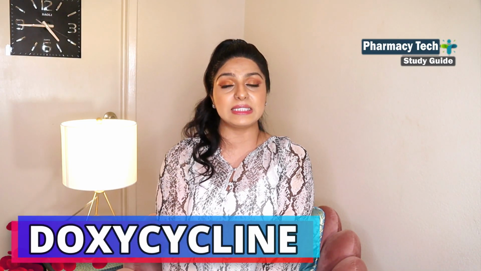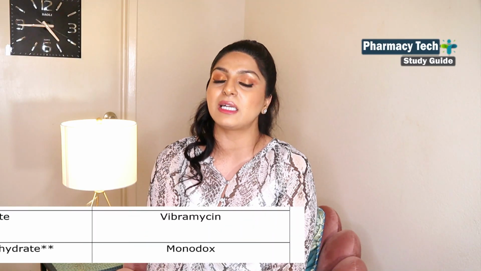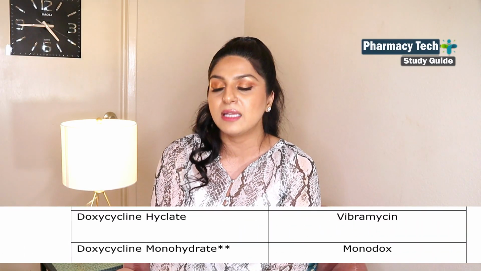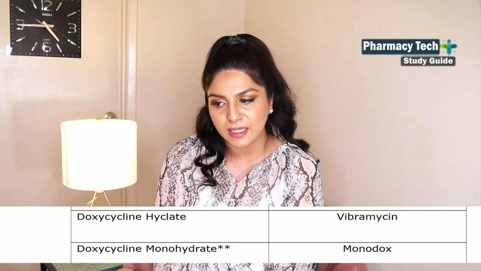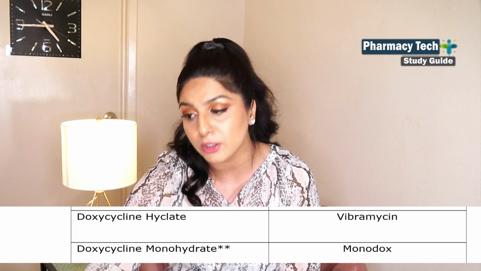Then we have doxycycline. Doxycycline is an antibiotic which is available in 2 salt forms, doxycycline hyclate and doxycycline monohydrate. The name brand for doxycycline hyclate would be Vibramycin. The name brand for the monohydrate form is Monodox. Now, doxycycline monohydrate and doxycycline hyclate differ only in their salt form.